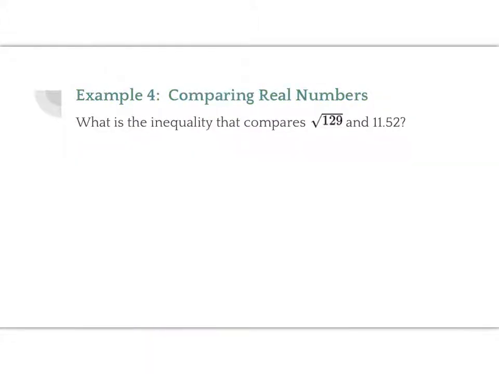If we're asked to compare the inequalities, that compares the square root of 129, which is not a perfect square, 121 is a perfect square, and 11.52, it'd be useful to use a calculator here to approximate. So that's what we'll do.